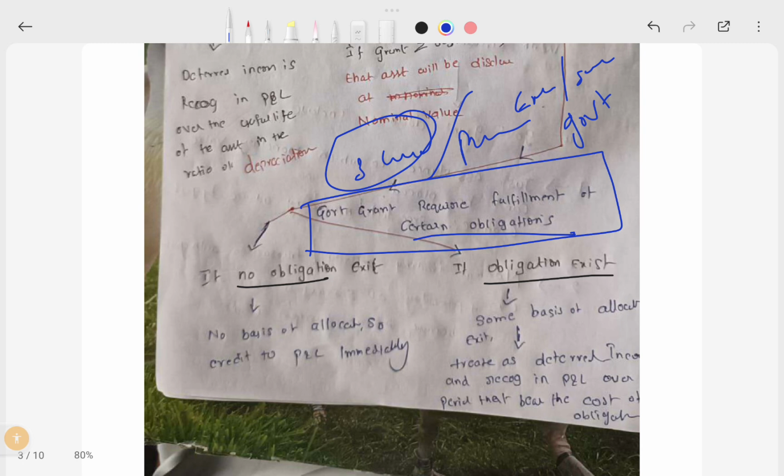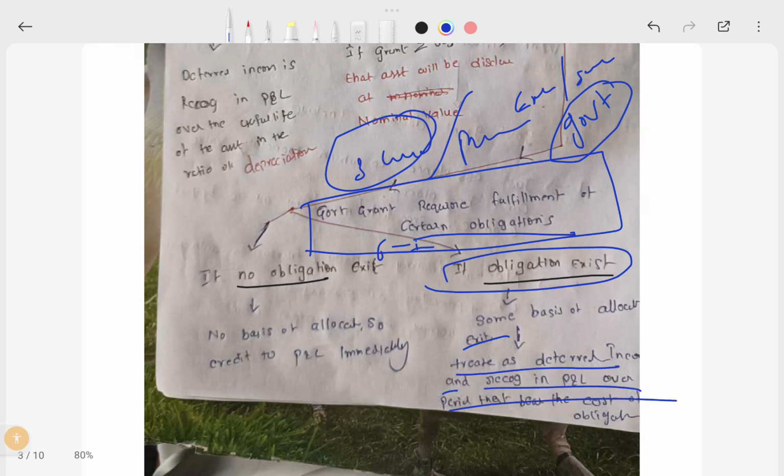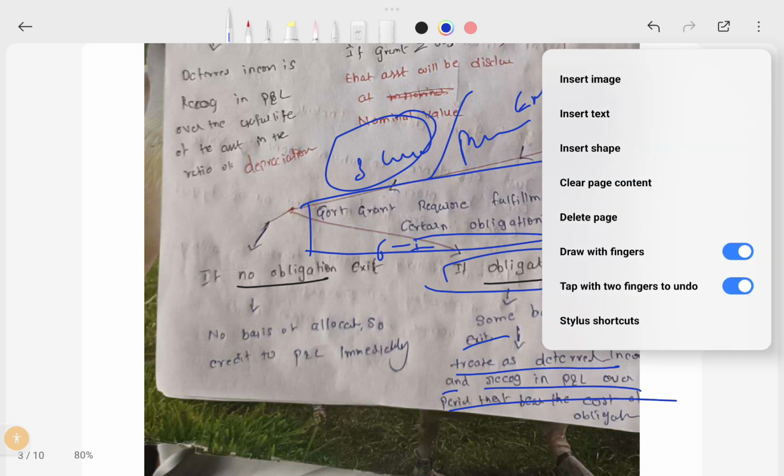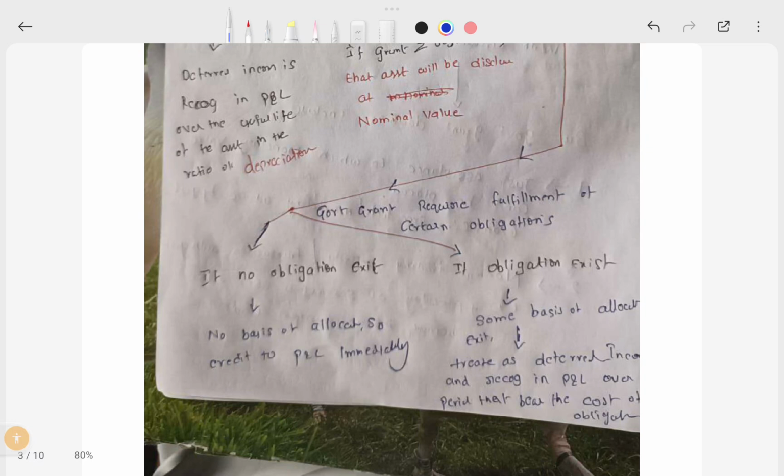In that situation, if an obligation exists for the next 6 to 7 years or 10 years, the government will mention the period, and on that basis some basis of allocation exists. Treat that grant as deferred income and recognize it in the P&L over the period of life based on the cost of obligation. Suppose they mentioned in the agreement that each year you need to spend 100 crores for the next 6 years on roads and schools.